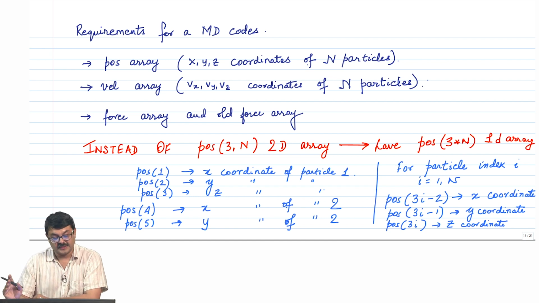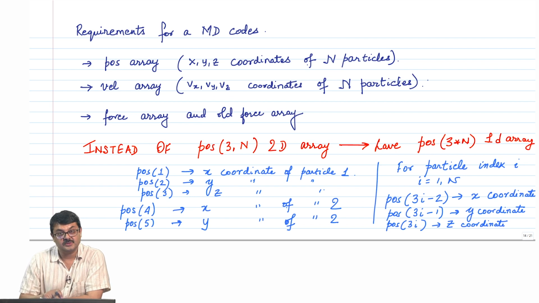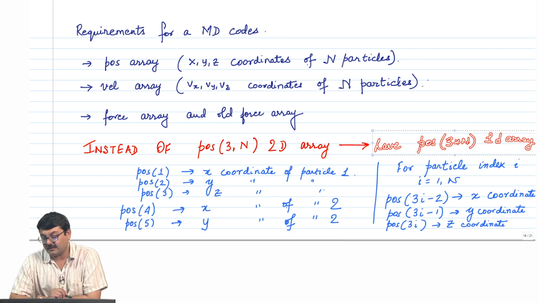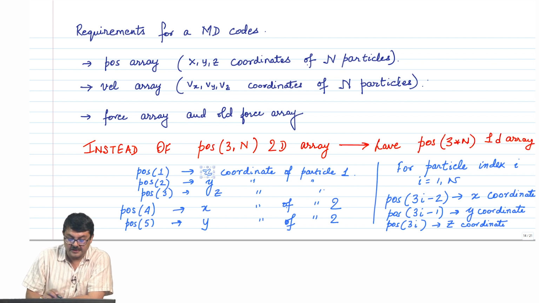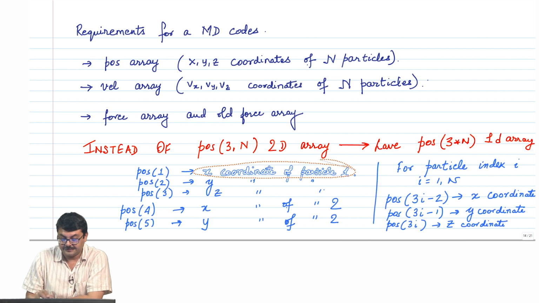Okay. So, what does that mean? We should not have a 3 cross n two dimensional array, but instead have an array of length 3 into n, a one dimensional array, such that POS 1, the first entry of the POS array, will store the x coordinate of particle 1.